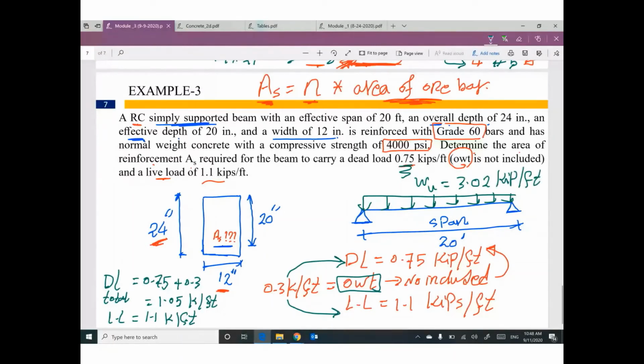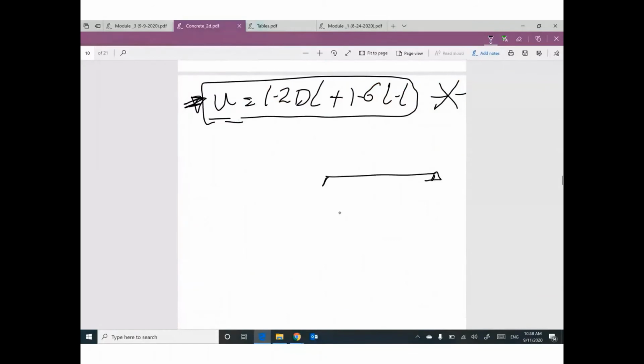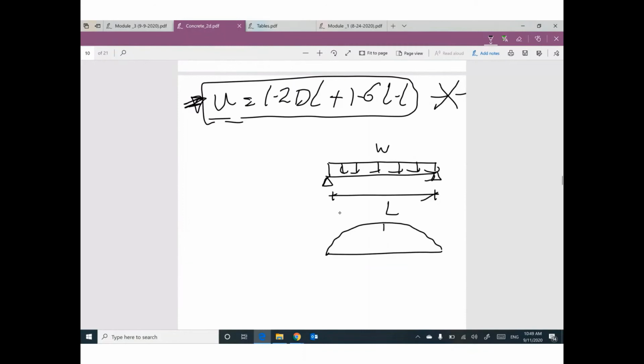If you go back to structural analysis, if you have a beam with uniform distributed load W and length L, your bending moment looks like a parabola, and the maximum moment equals W L squared over 8.